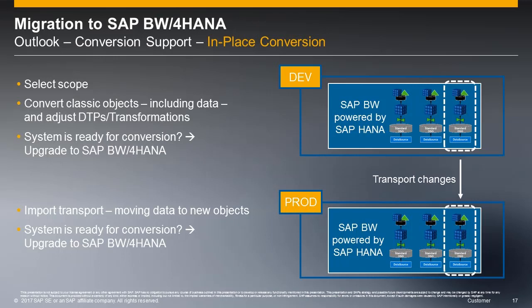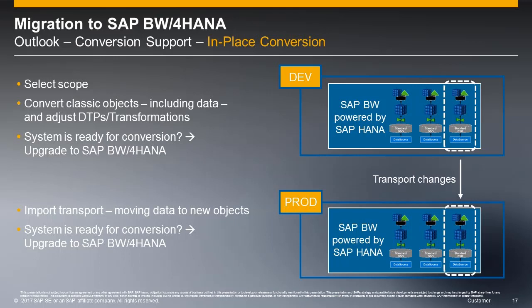Okay, so if we start to go in a little deeper, from an in-place conversion perspective, we're converting the classic objects, or the old objects, and we're adjusting DTPs and transformations. Because if we think about it, we had a lot of transformations and DTPs between, let's say, ODS and an InfoCube.